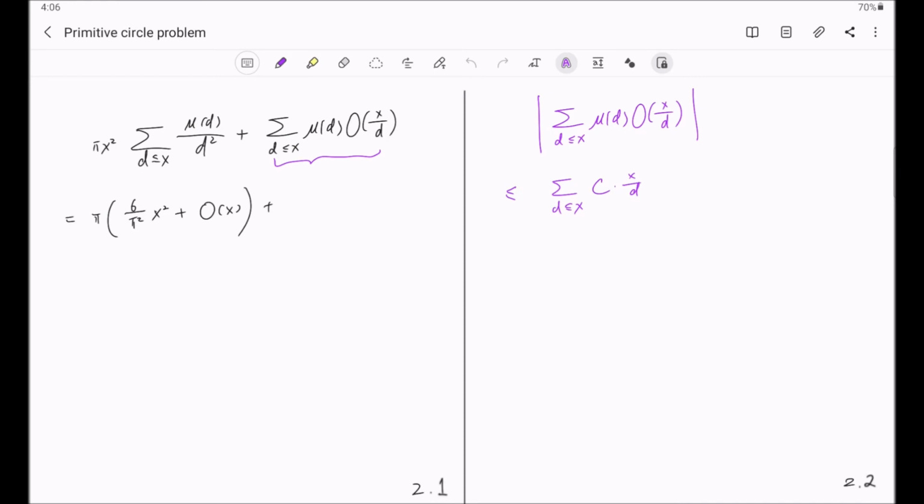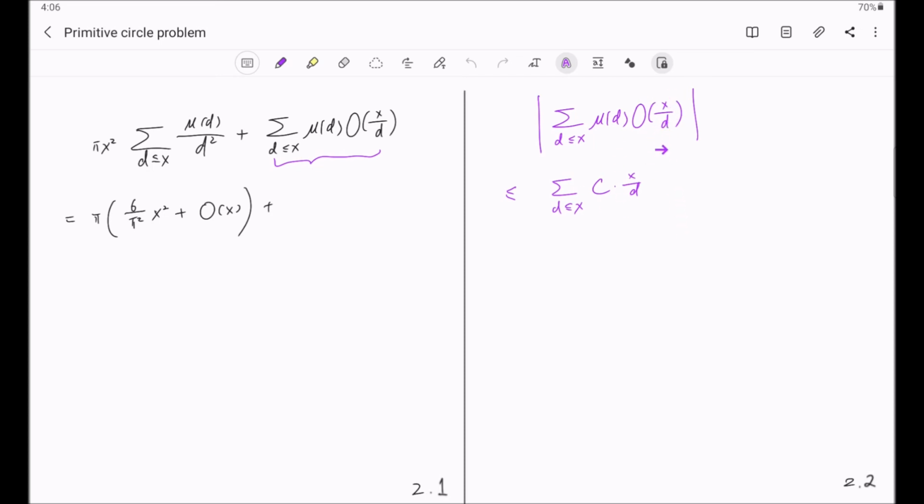The reason that I mentioned this subtlety is that in our case here, d is chosen to be less than or equal to x, meaning that d can be really close to x. In the extremal case, d can be equal to x, so that this becomes 1. But in general, this asymptotic notation makes sense only if the argument becomes really, really large.